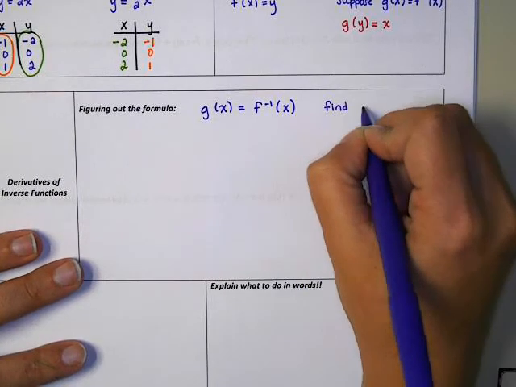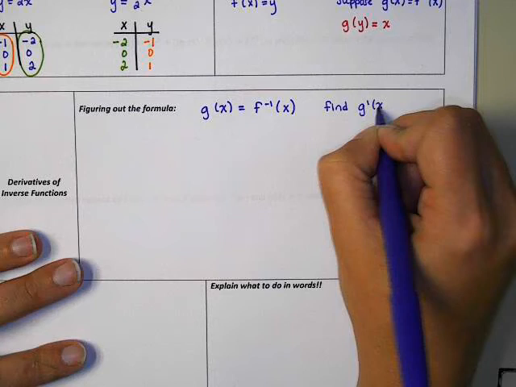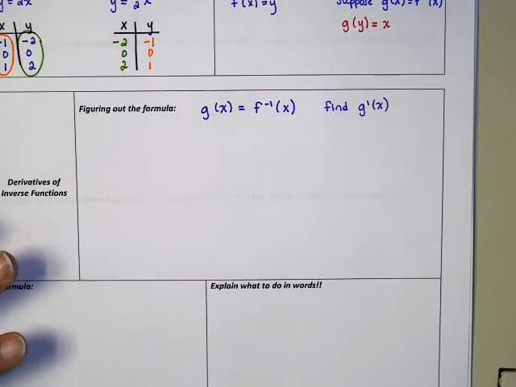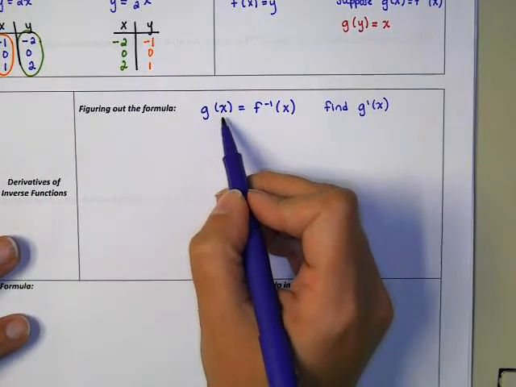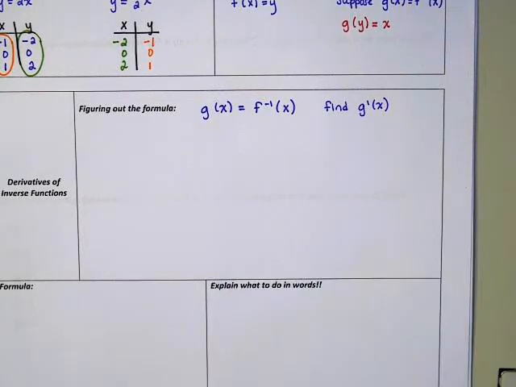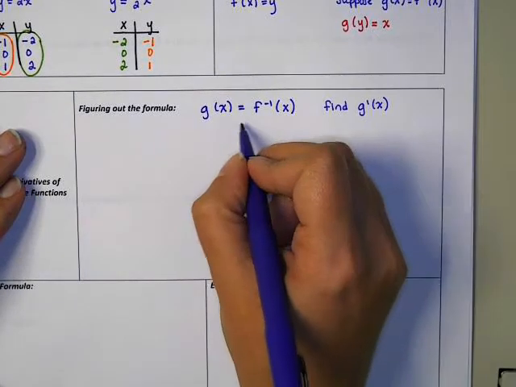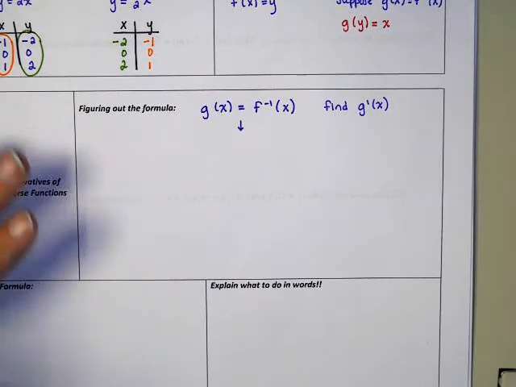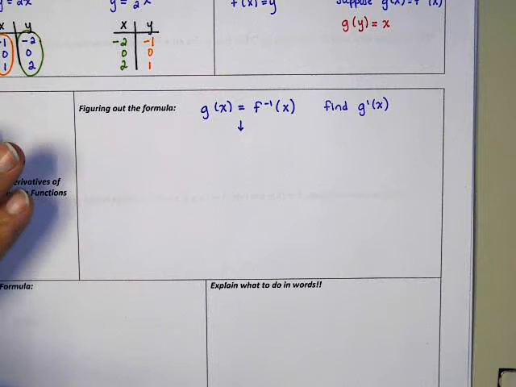And we're going to be asked to find g prime. I should have mentioned that earlier. So in order to find g prime, that would mean I would need to take the derivative of an inverse function. But since that's not something I know how to do, we're going to rewrite this in a new way that's going to make it easier for us to take the derivative.